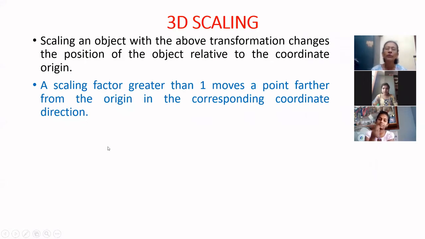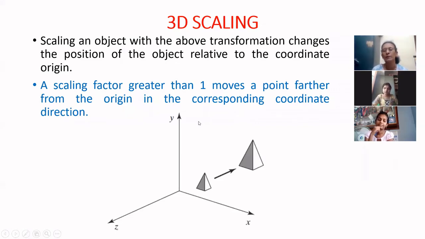If you have a scaling factor that is greater than 1, then you see that the object moves away from the origin. Say this is our original object. I scale by a factor greater than 1, then this would be the object.